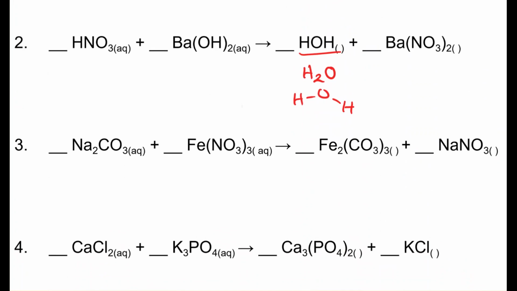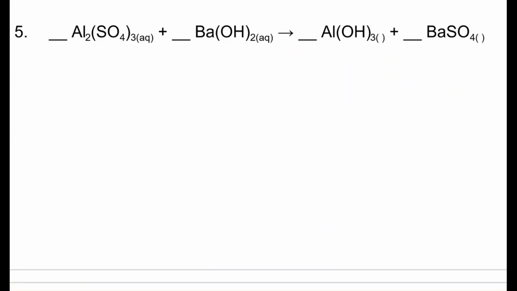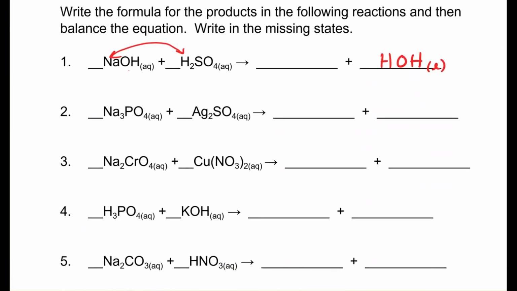So it's way easier. This hydrogen in green comes from here. The hydroxide in purple comes from here. So treat the beginning hydrogens as if they're separate from the hydroxides. That's just a little tip for balancing those reactions.